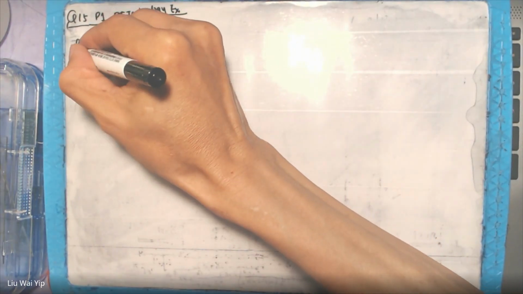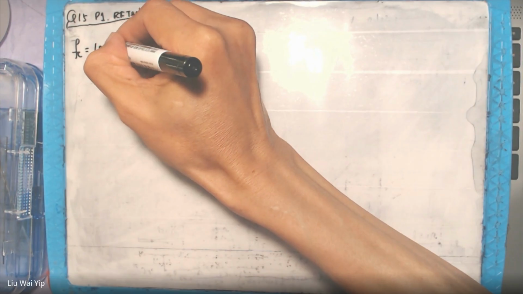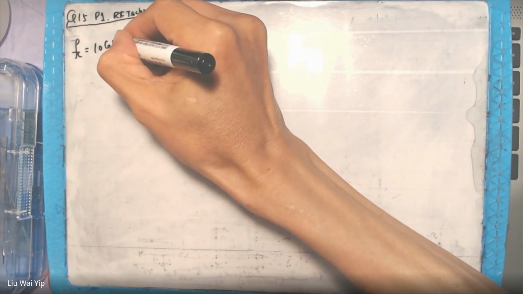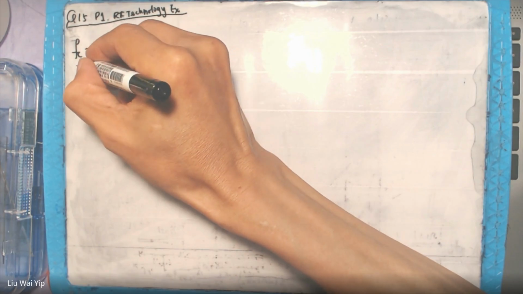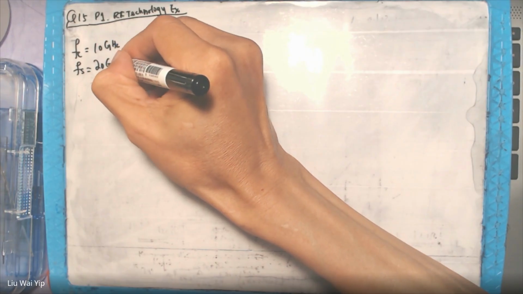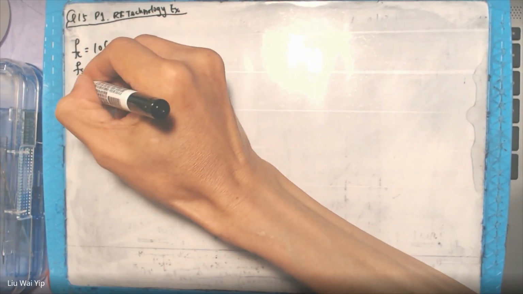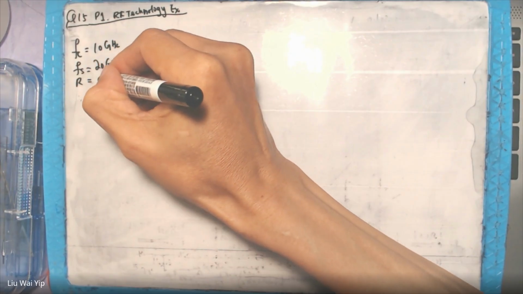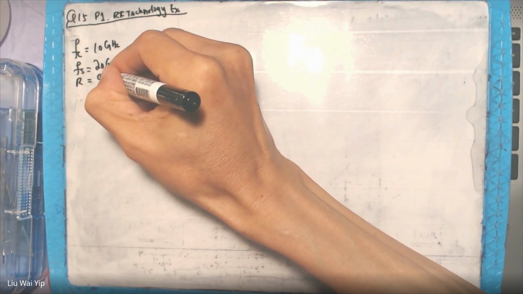The cutoff frequency is 10 GHz. The stop band frequency is 20 GHz. The ripple in the passband is 0.1 dB.